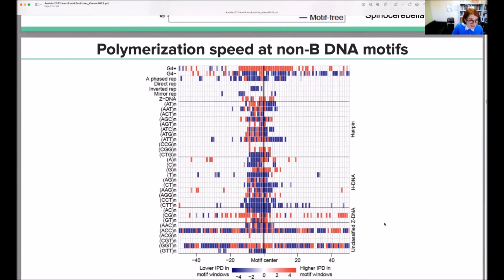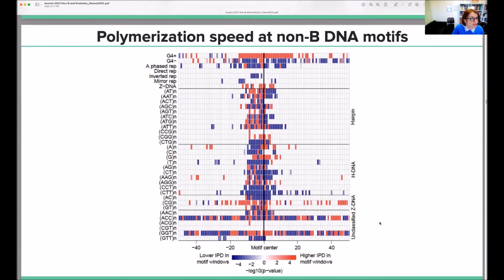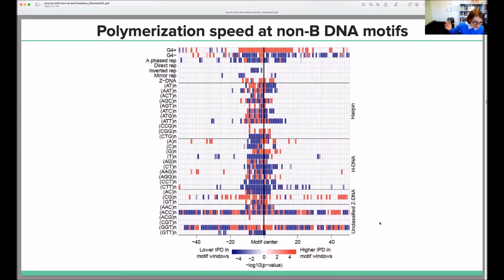So as a result, what we were able to do is combine the data on polymerization speed across many different non-B motifs, also many microsatellites. This is a genome-wide data set in humans, and red indicates slowdown and blue indicates speed up.